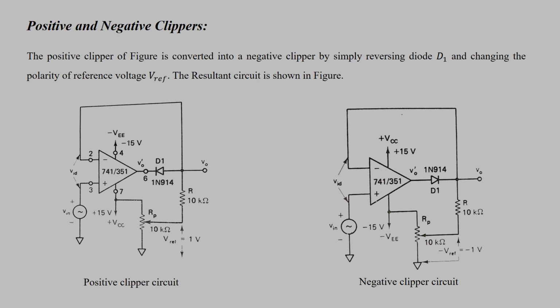You can see two figures, one for the positive clipper and another for the negative clipper. A negative clipper is a clipper which clips off the negative portion of the waveform. You can see the direction of the diode is reversed in the case of the negative clipper. We are just changing the polarity of the reference voltage. The resultant circuit is shown here.